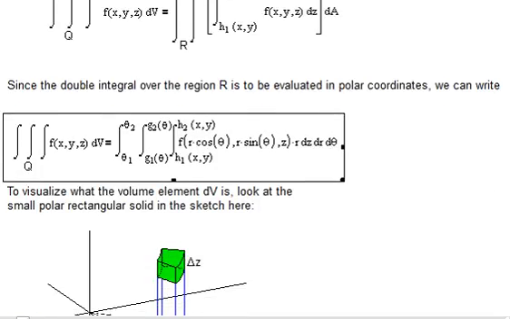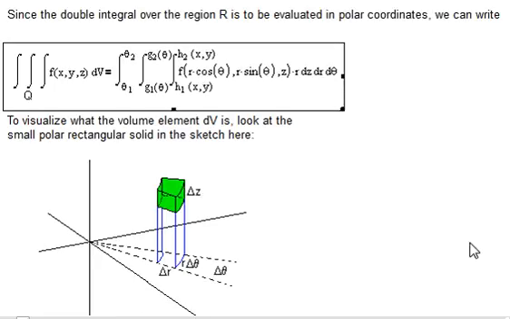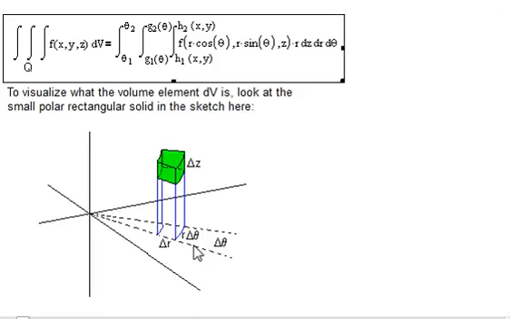So to visualize our volume element, our r dz dr d theta, look at r as some number between here and here, right? Delta r is the change in r, so that will give us one of the dimensions of our polar rectangle. Delta z, of course, that one's kind of obvious, is the height of that rectangle.